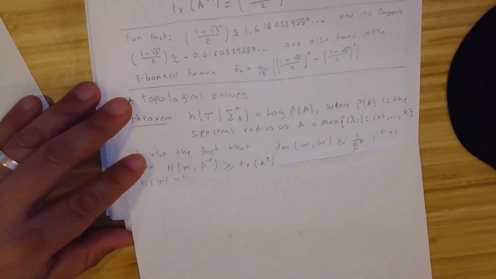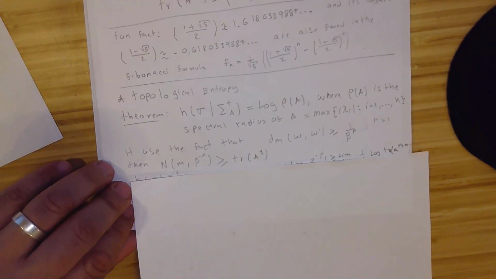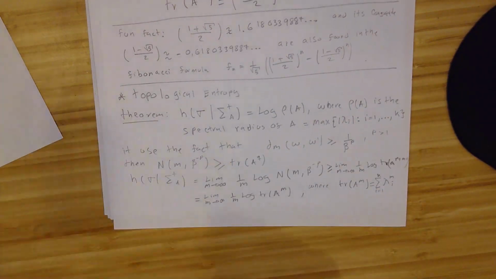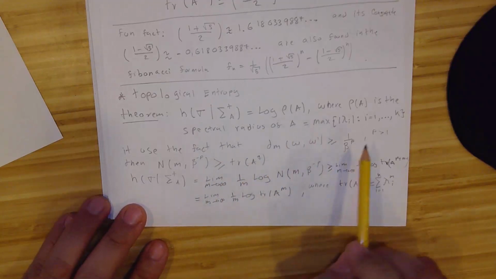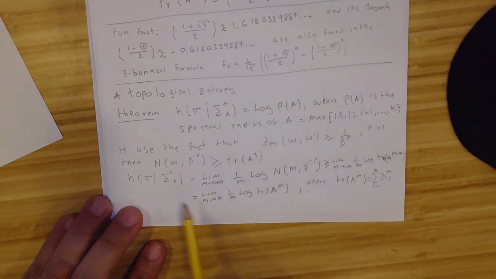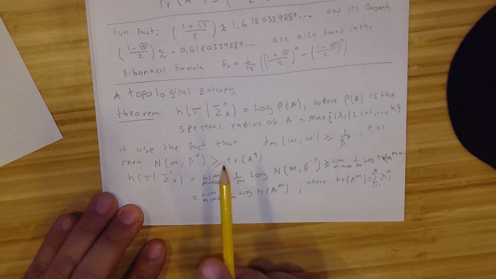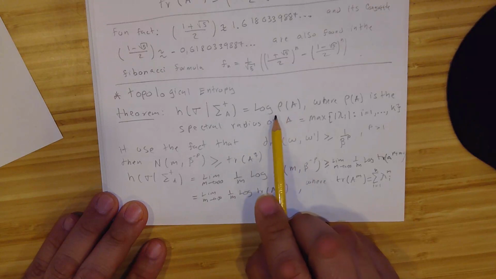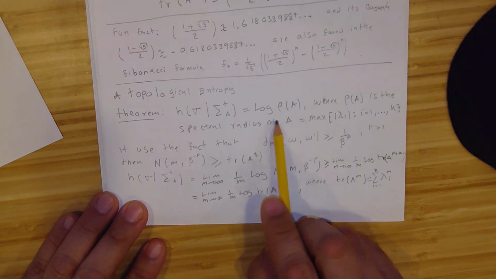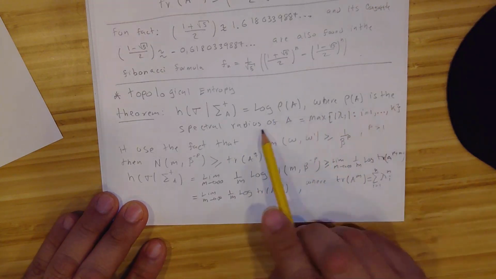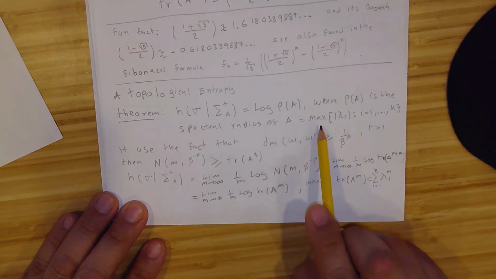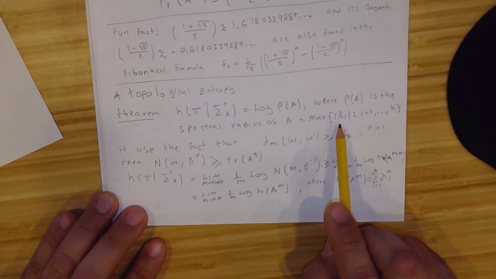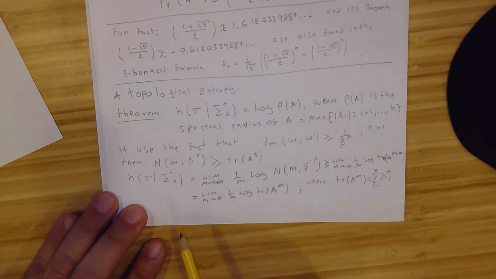Okay, finally, in topological entropy, this is super cool, because now that we have defined this transition matrix, we can say that this is a theorem actually. The log of this spectral radius, where the spectral radius of A is the maximum absolute value of the eigenvalues that we have from the matrix A. See?